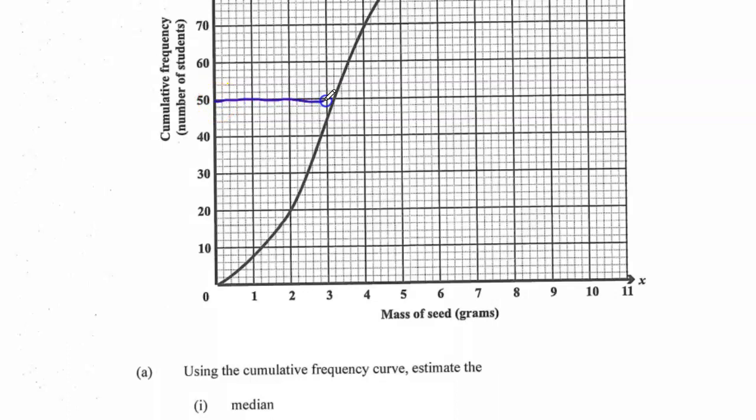We stop immediately where the line touches the curve, and we draw the corresponding line coming down. Here, this is 3.2. So the median mass will be 3.2 grams.